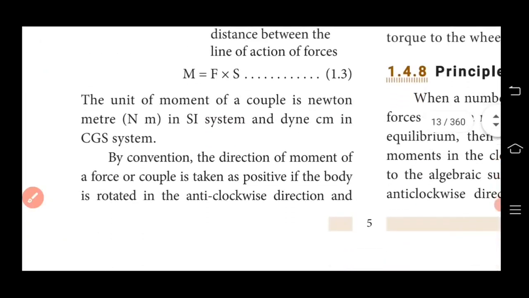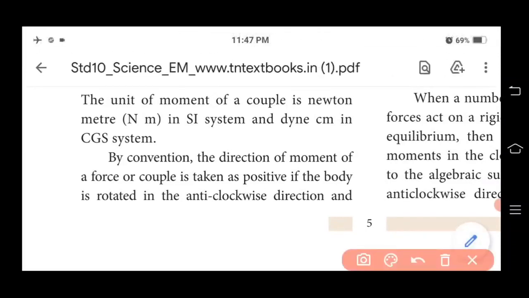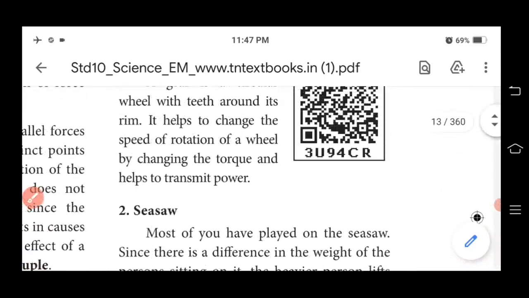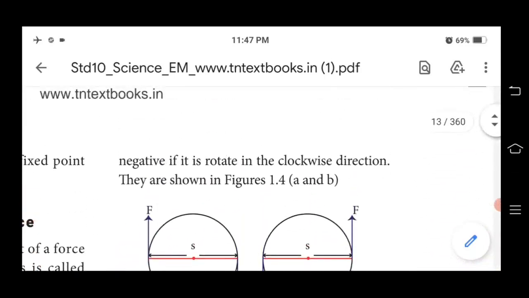By convention, the direction of the moment of a force or couple is taken as positive if the body rotates anti-clockwise, so positive for anti-clockwise direction and negative for clockwise direction.